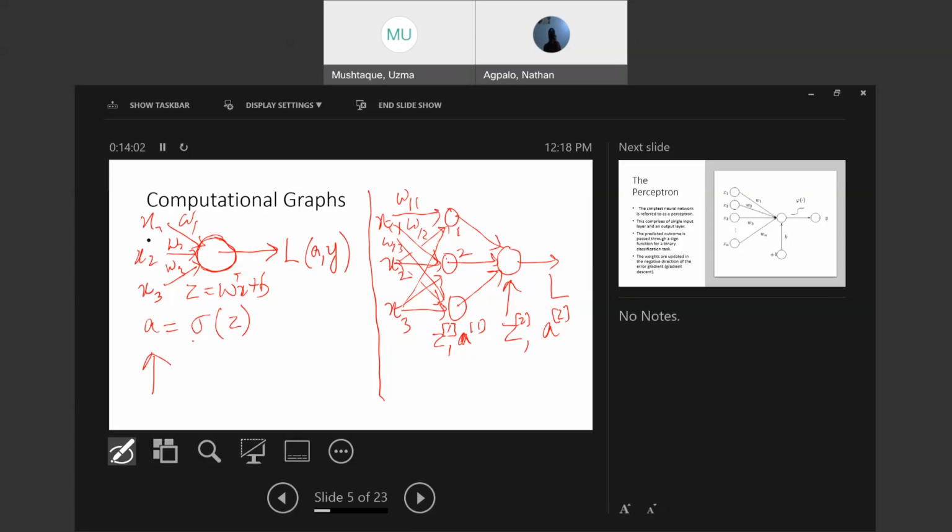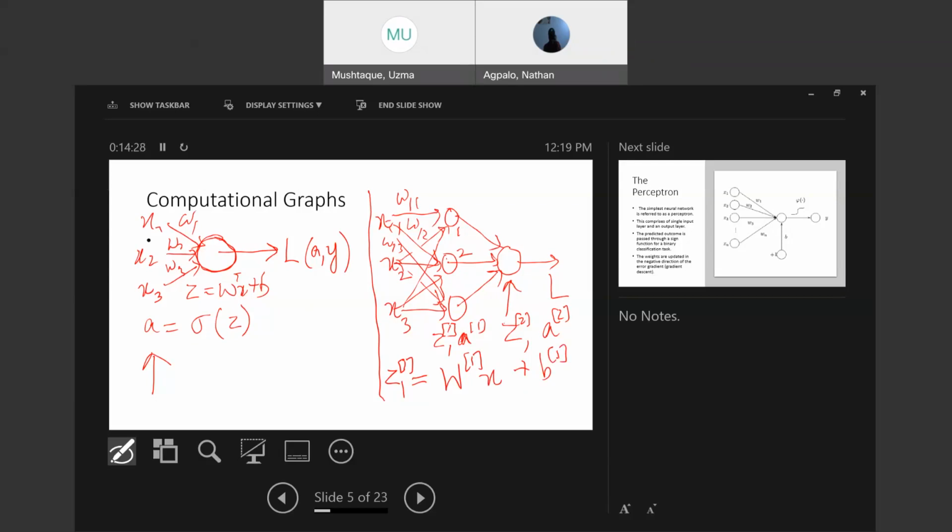The way we denote this, Z1 is going to be uppercase W at layer 1. This denotes the matrix that's coming in, times X, and this X is my input X, plus the bias B. This is how my Z1 will be computed.